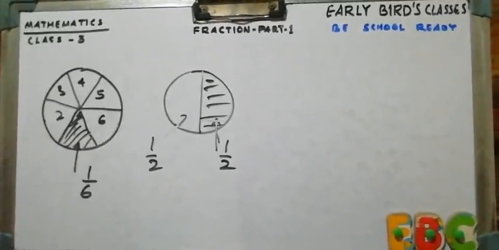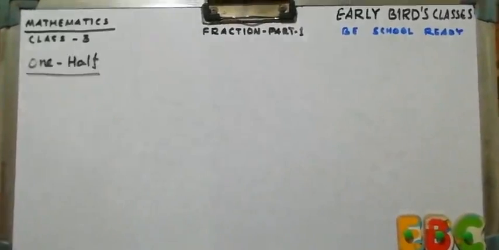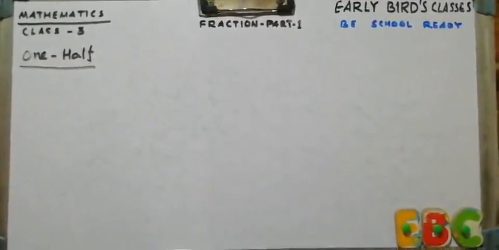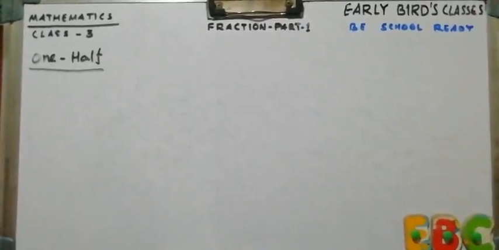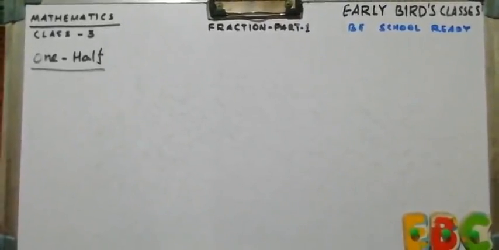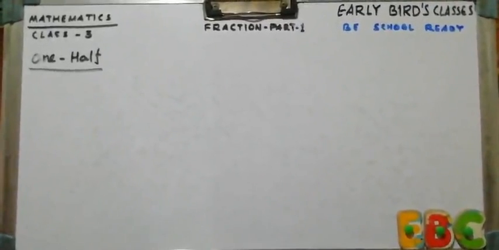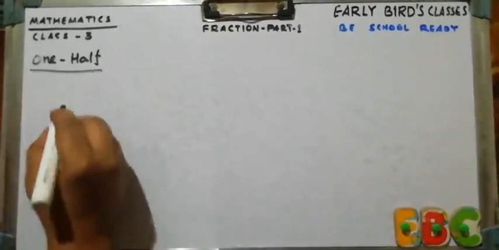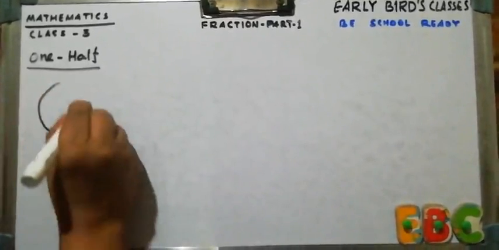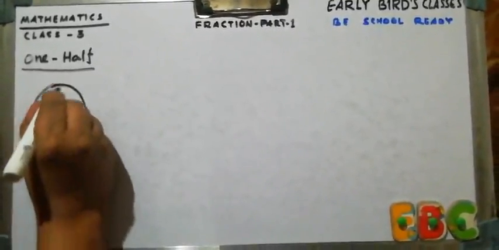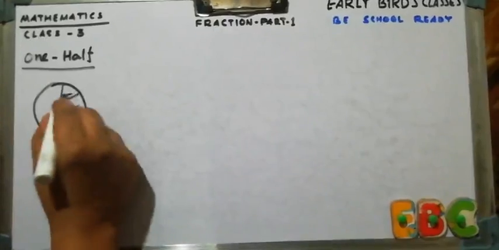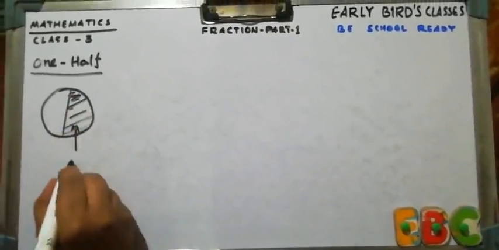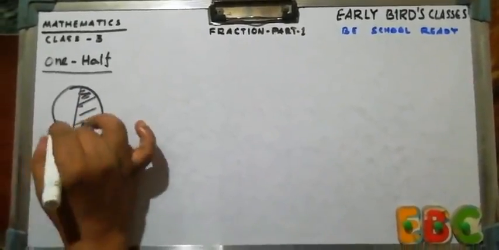Now when an object is divided into 2 parts, then each part will be 1/2. So in this case, this is circle, and if this is divided into 2 parts, so this is 1/2 and this is 1/2.